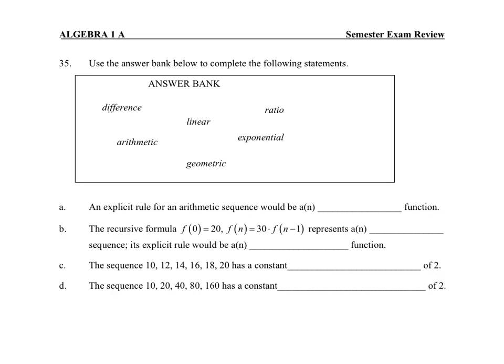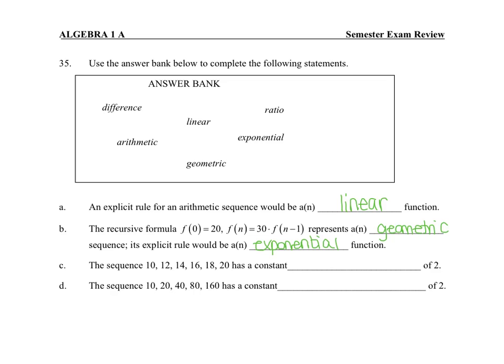Question 35 says to use the answer bank below to complete the following statements. An explicit rule for an arithmetic sequence would be called a linear function. The recursive formula f of 0 equals 20, f of n equals 30 times f of n minus 1 represents a geometric sequence, and its explicit rule would be an exponential function.